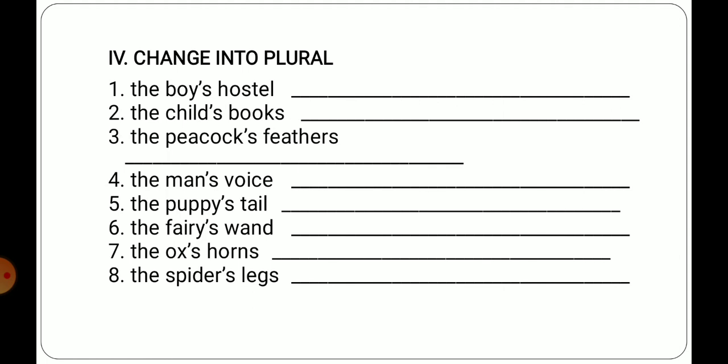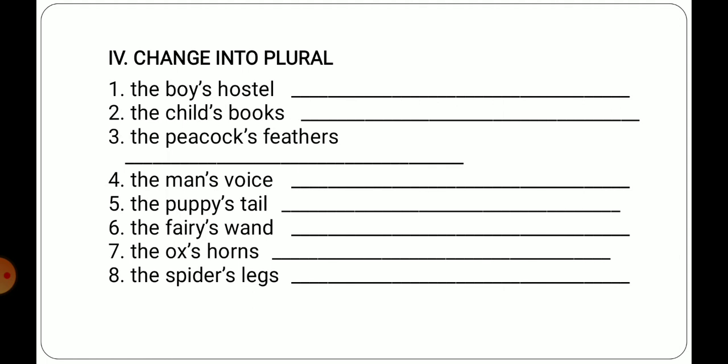The child's books. So child will be converted to children and then use the apostrophe. The peacock's feather. It will change peacock into peacocks. That is plural and then use the rule. Man is singular, men is plural, convert it into plural and then use the apostrophe.